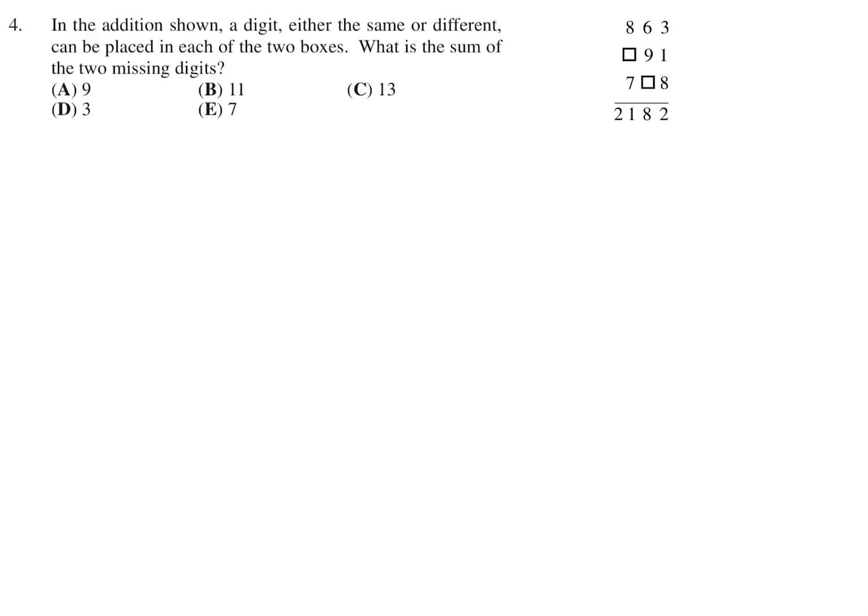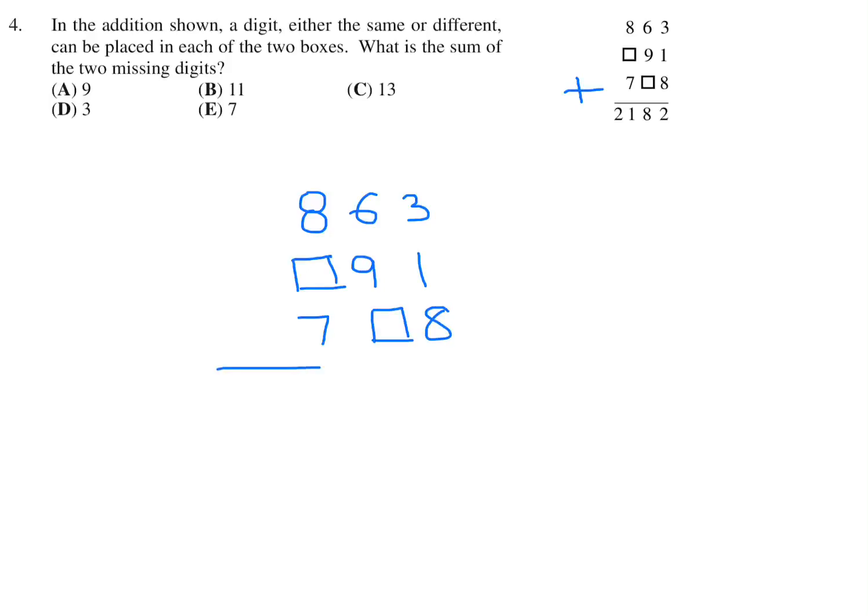In the addition shown, a digit either the same or different can be placed in each of the two boxes. What is the sum of the two missing digits? So we just try to figure this out manually, and let's see what we get. So the first one, they give us all, and 3 plus 1 plus 8, of course, is 12.